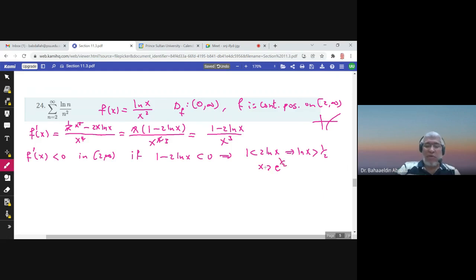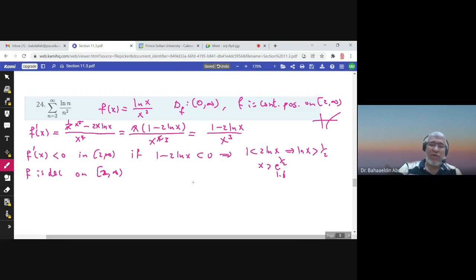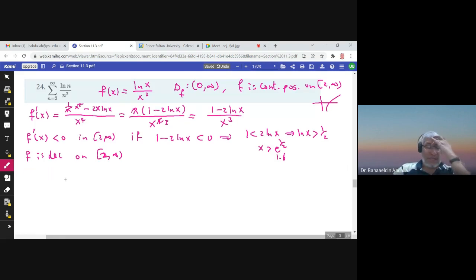Well, what is e to the power half? It is 1.6. That's good. So from 1.6 to infinity, f prime is less than 0. So f is decreasing on the interval 2 to infinity because it's decreasing from 1.6 to infinity. That's excellent.